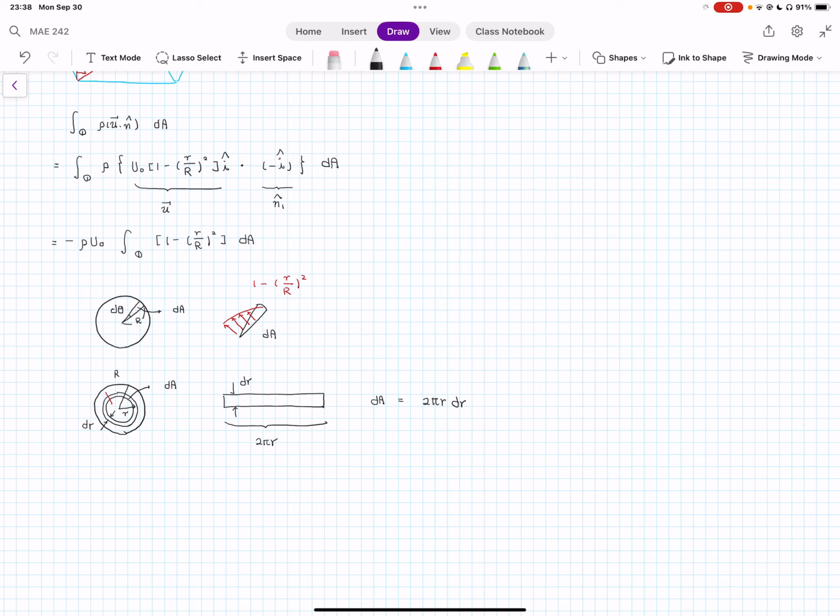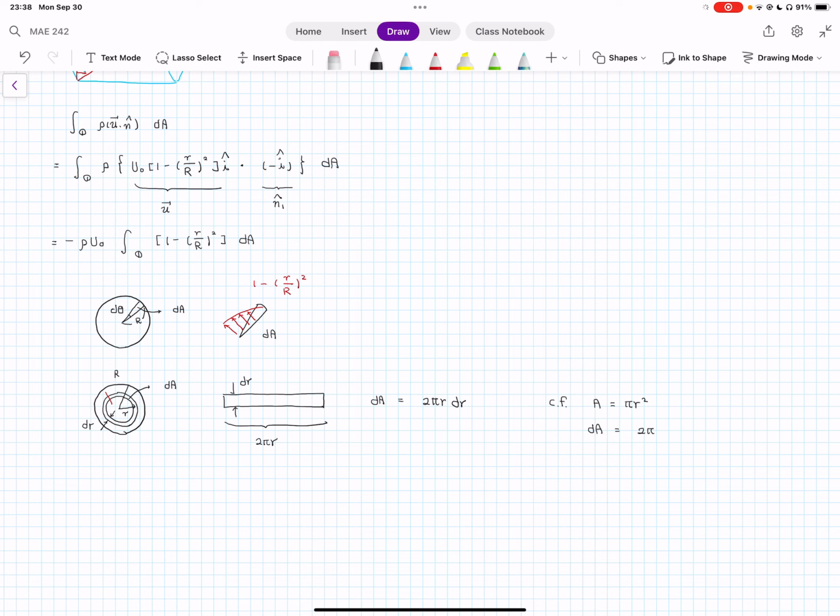Okay. In fact, you can get it really quickly if you compare this with the well-known formula for the area of the circle and take a differential. It's like taking a derivative.